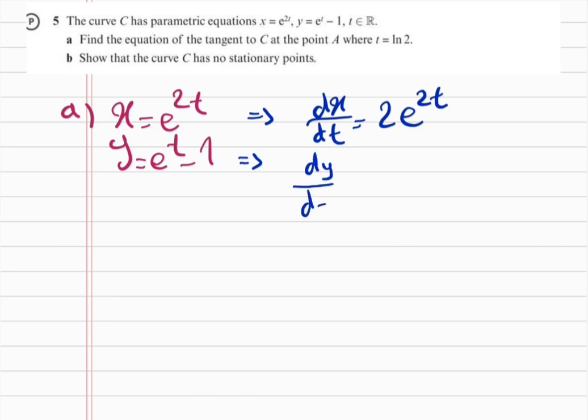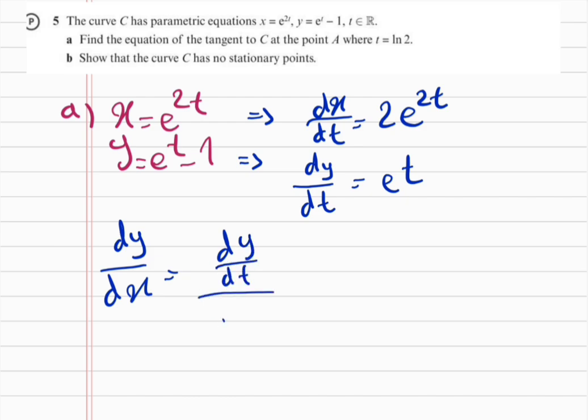And dy/dt is similar. We have another exponential function. e to the t differentiates to 1, so you just have e to the t, and then you can find dy/dx by doing dy/dt divided by dx/dt.